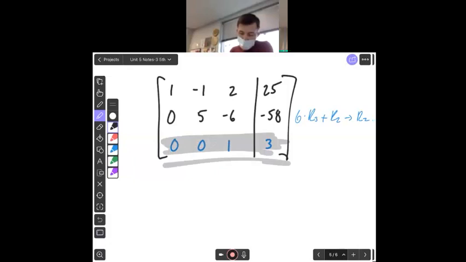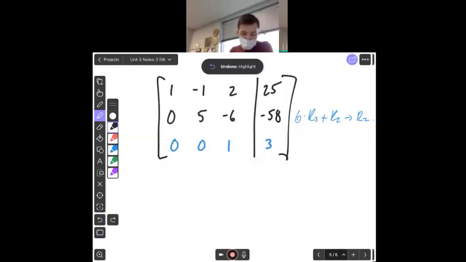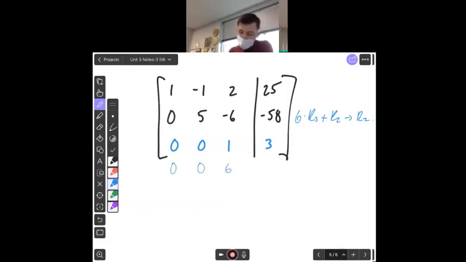I'm just going to put those down here, and then I'll add across that space. 6 times 0 is 0, 6 times 0 is 0, 6 times 1 is 6, 6 times 3 is 18. All multiplied by 6.